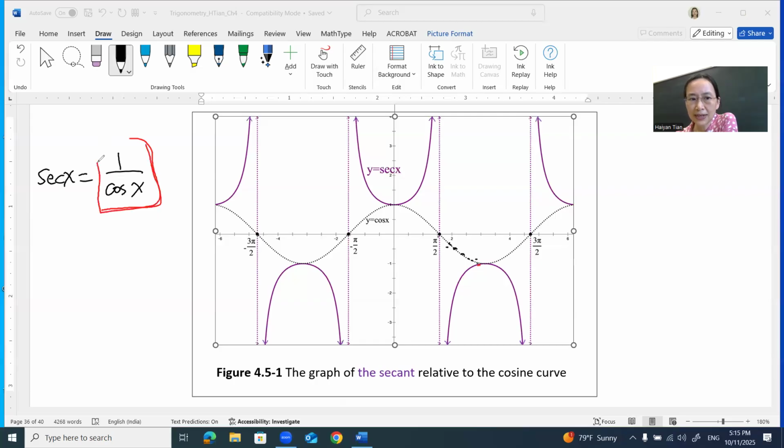Especially when cosine x is approaching 0, this is going to be more and more negative. So when cosine x is getting closer and closer to 0, the secant function will be approaching negative infinity.